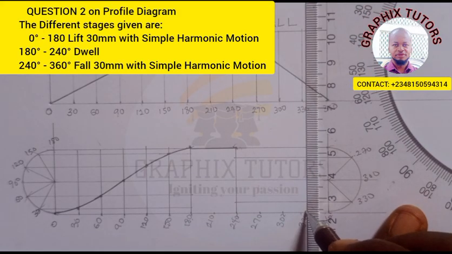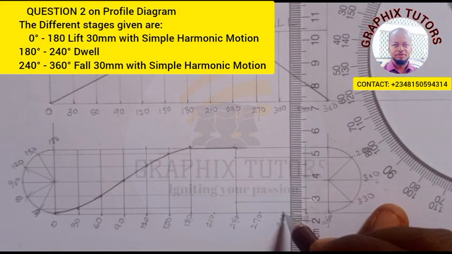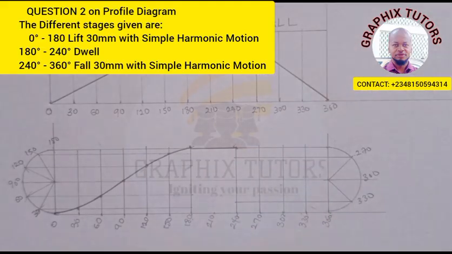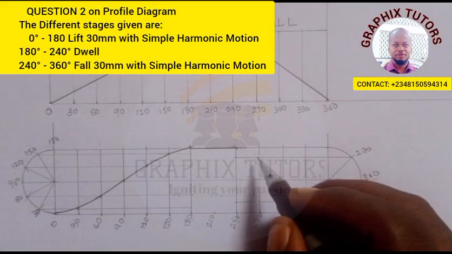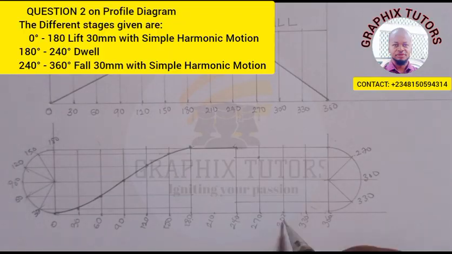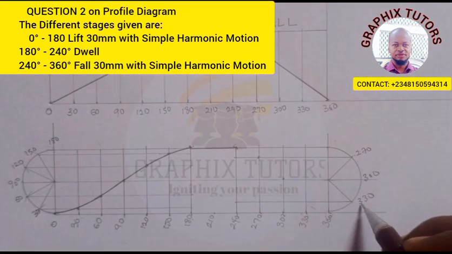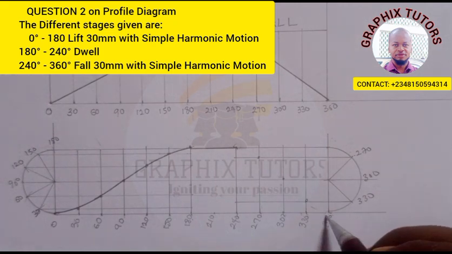So when I project this up, this is coming up, this is coming up, and this is coming up. So if you move, 270 is meeting 270 at this point, 300 is meeting 300 at this point, 330 is meeting 330 at this point, then 360 is here.